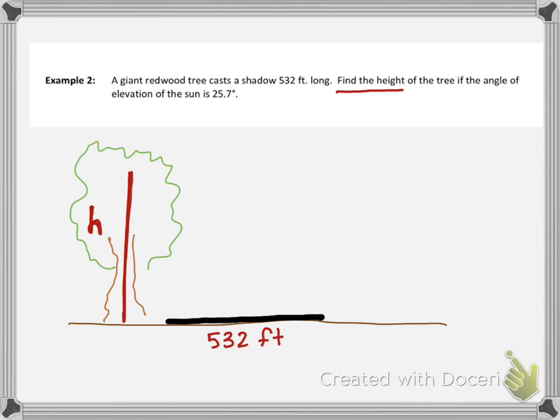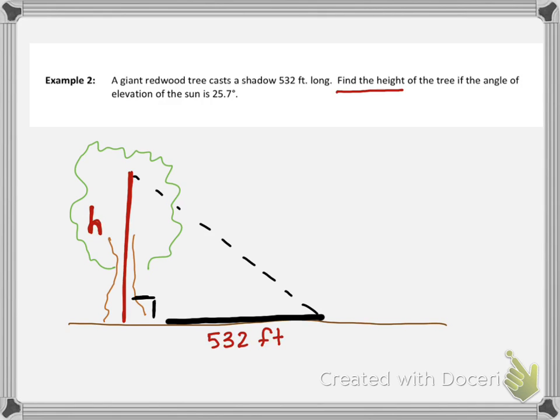So hopefully at this point, you're starting to see where I'm going with this. Do you notice that there's a bit of a right triangle popping out into your image? It's not the straightest of lines, but you get my point. They're wanting you to pull that right triangle out to help you figure out what it is that we're looking for. They told us that the angle of elevation of the sun is 25.7.